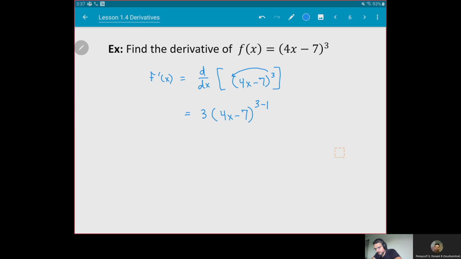Okay. Now, one thing that you have to keep in mind is when you have taken the derivative of something with a parenthesis, you are going to have to do chain rule and take the derivative of the inside. Okay.